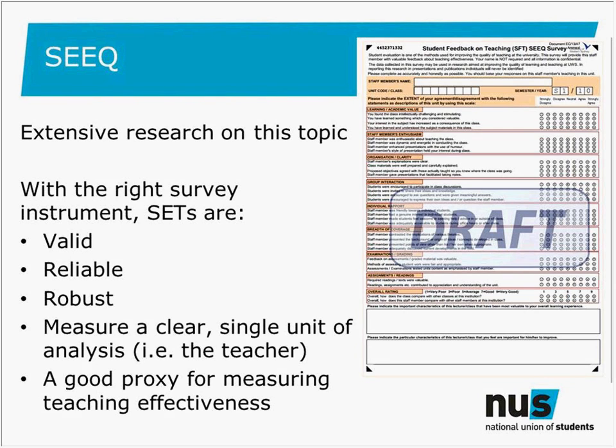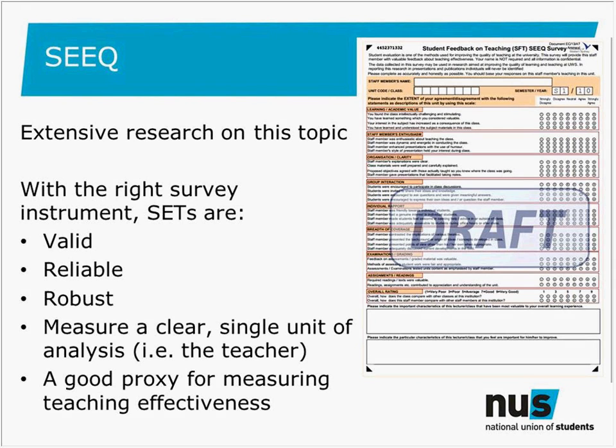A lot of this research has been conducted by an American, Professor Herb Marsh, who at the time worked between Oxford and the University of Western Sydney. He did loads of research into these questionnaires and found them to be, if done properly, really useful and effective. That requires using a survey instrument which Professor Marsh himself has designed.